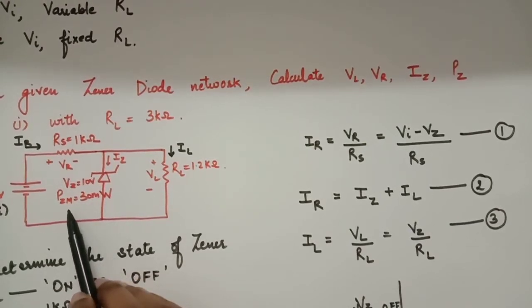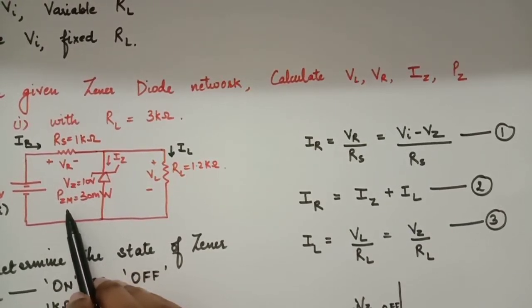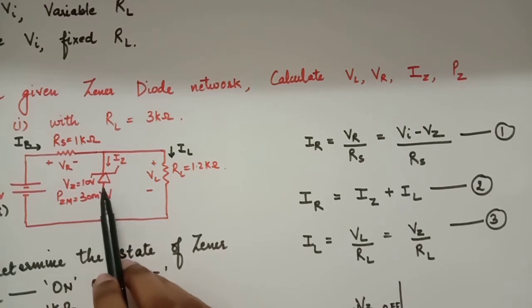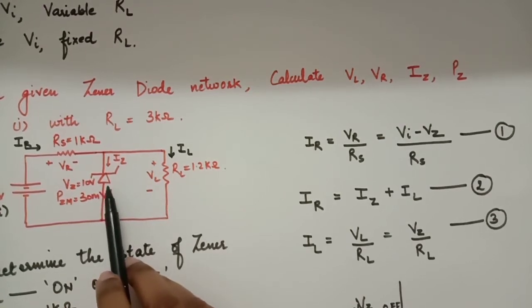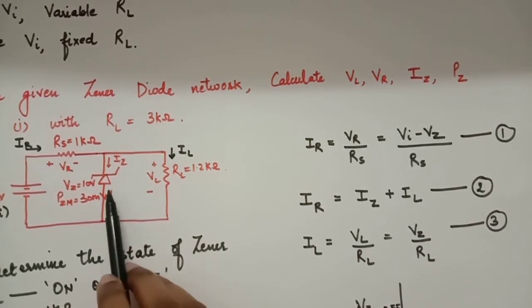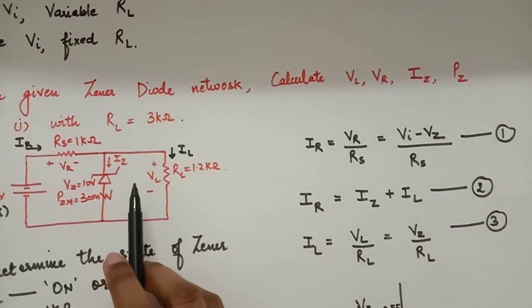Look very carefully, it's not PZ, it's PZM, with a capital M subscript. That means the maximum power that this diode can bear. If you apply a power greater than 30 milliwatt to this diode, the diode will be damaged.